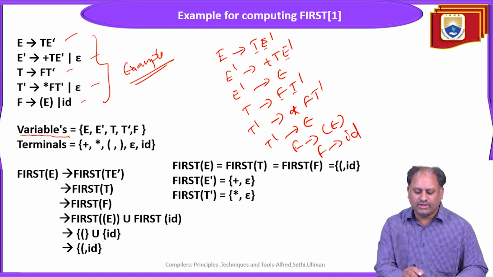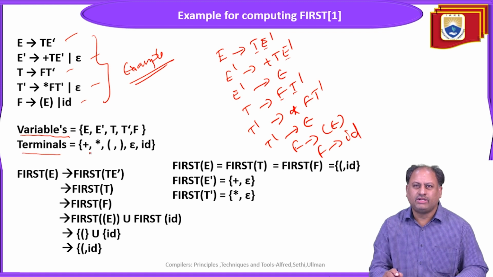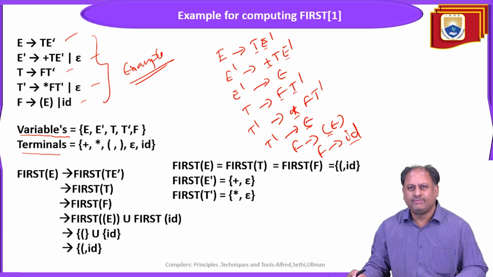Whereas the remaining are considered terminals. Remaining means all lower cases and the identifier values: plus operator, star operator, parenthesis, identifier, epsilon. All these are considered as the terminals for the given grammar.